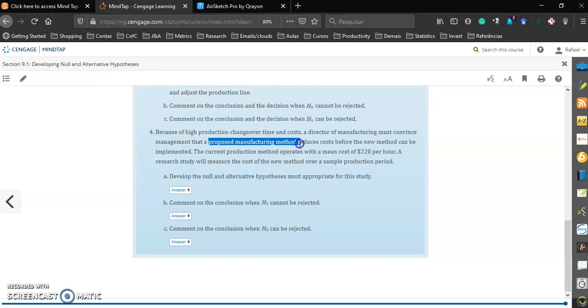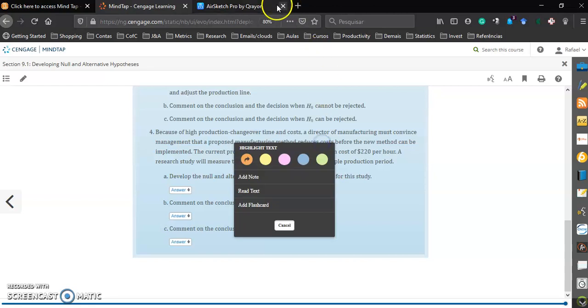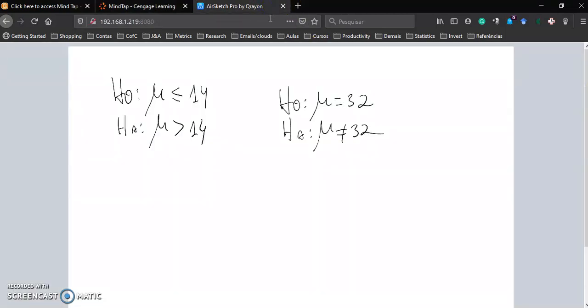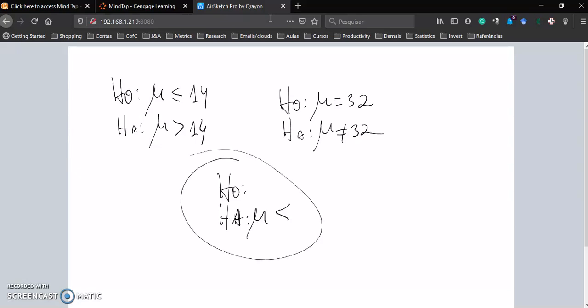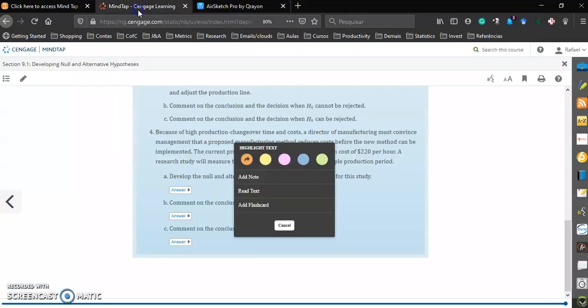So the proposed manufacturing method reduces, so the alternative hypothesis is about a mean that reduces something, that's lower than something. Okay, so I could start just by writing this, and I know that the mean has to be smaller than a number. I don't know what number it is yet.